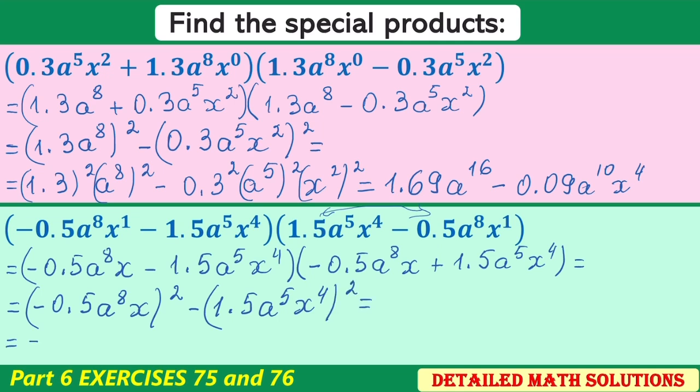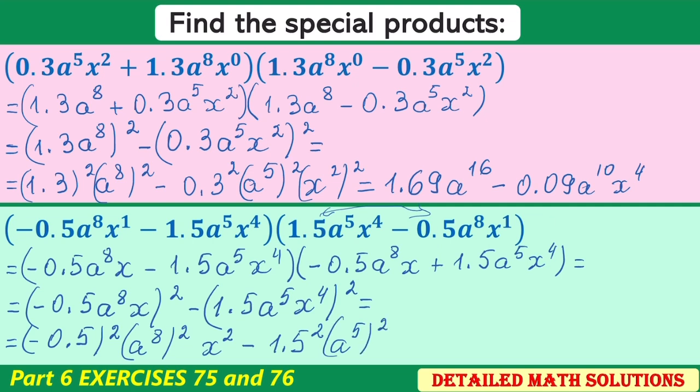This simplifies to minus 0.5 in parentheses squared multiplied by a to the 8th power in parentheses squared x squared minus 1.5 squared a to the 5th power in parentheses squared x to the 4th power in parentheses squared.